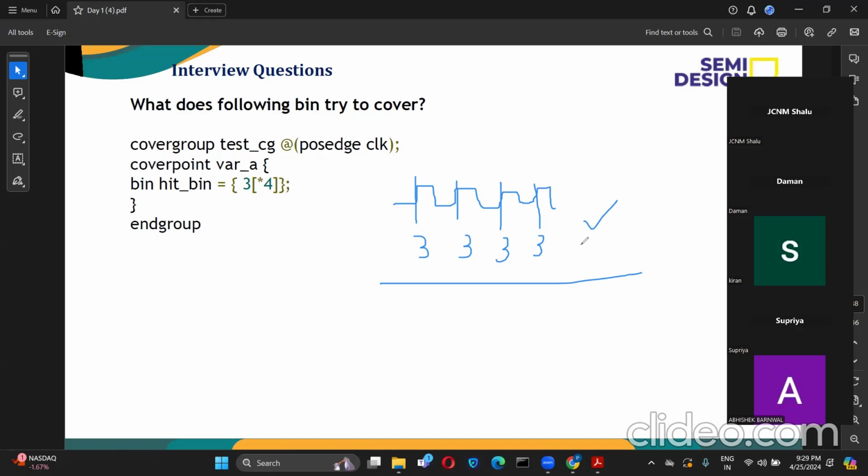There is one more operator where it will check the 3 should be repeated 4 times, but it can be anywhere. For example, here it won't be 3, but somewhere here again it will be 3. So what it will check is whether in the entire simulation the 3 has been repeated 4 times or not. It will not check whether it is repeating at consecutive clock cycles or anywhere else, that doesn't matter. So that's how it works.